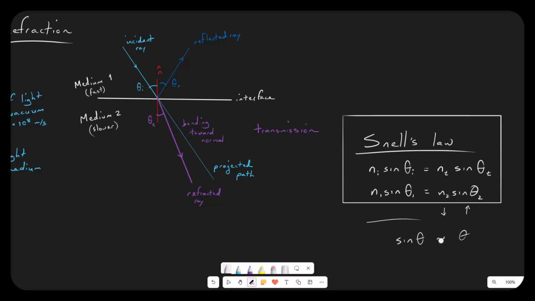It's not exactly a similarity thing. For small angles, it's pretty close, but maybe I should say it this way. The sine of an angle increases when the angle increases. That's what I've got. That is Snell's law and reflection.